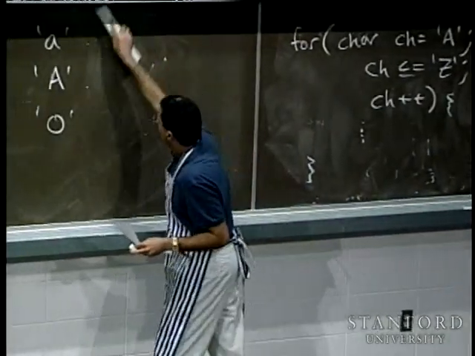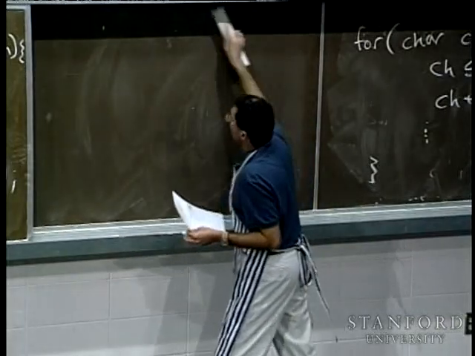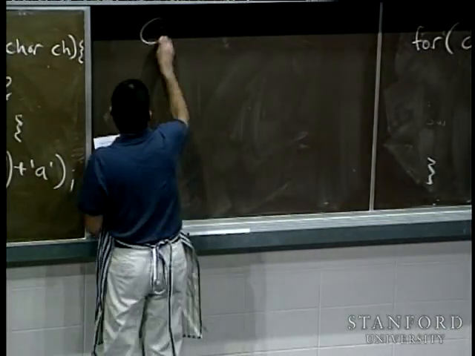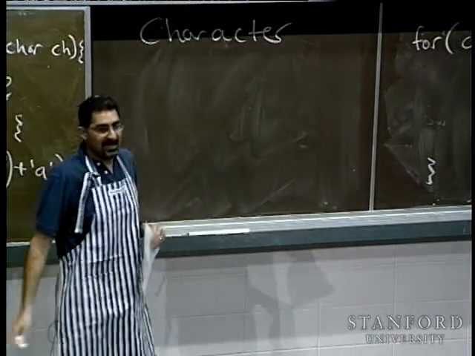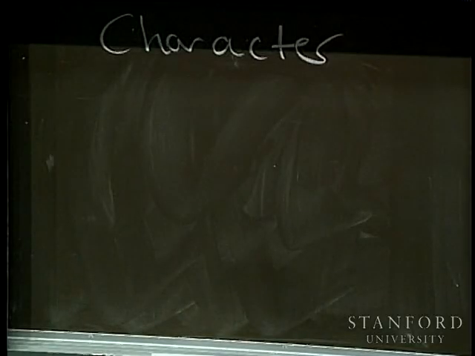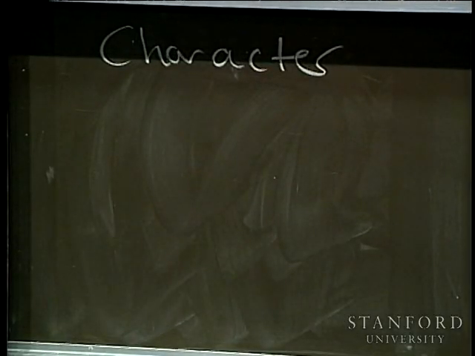But it turns out there's a bunch of operations we'd actually like to be able to do on characters. And so Java gives us this funky class called Character. And Character actually has a bunch of what we call static methods. They're methods that you can apply to characters, but you don't call them in the traditional sense of sending a message. This is how they work.